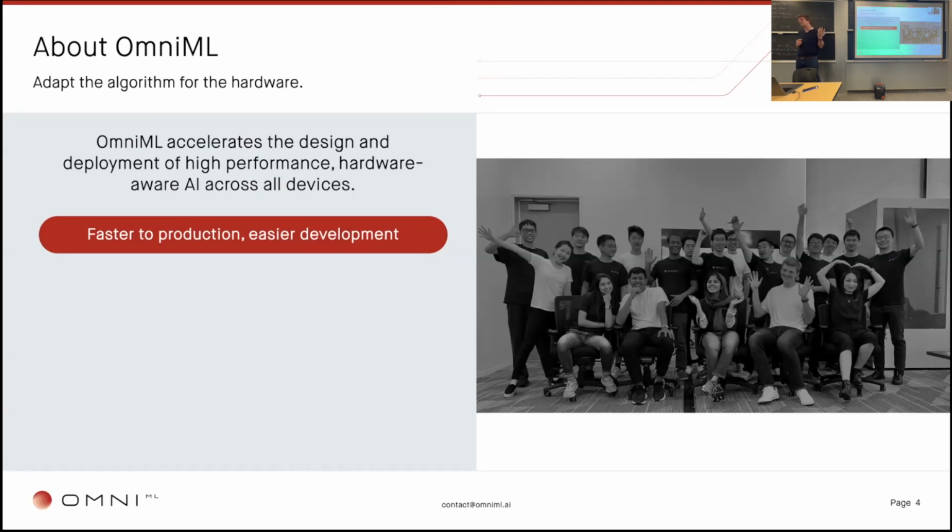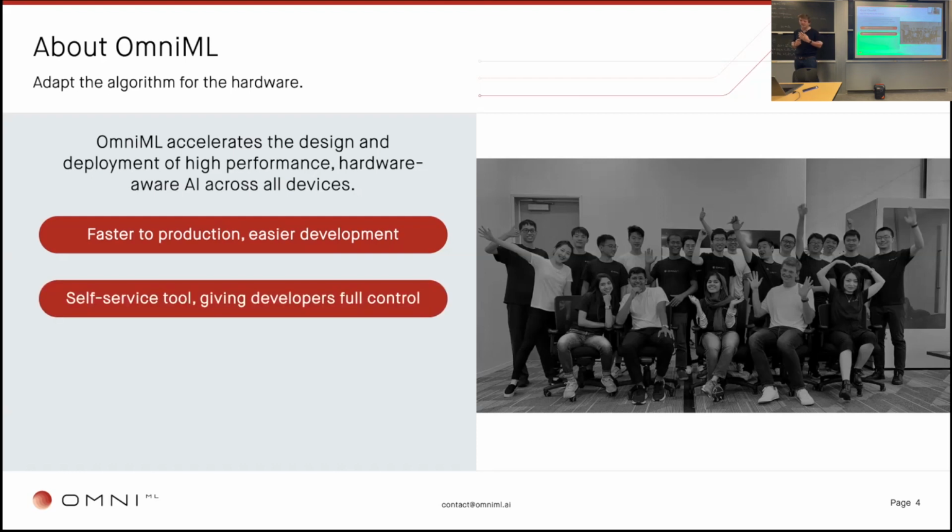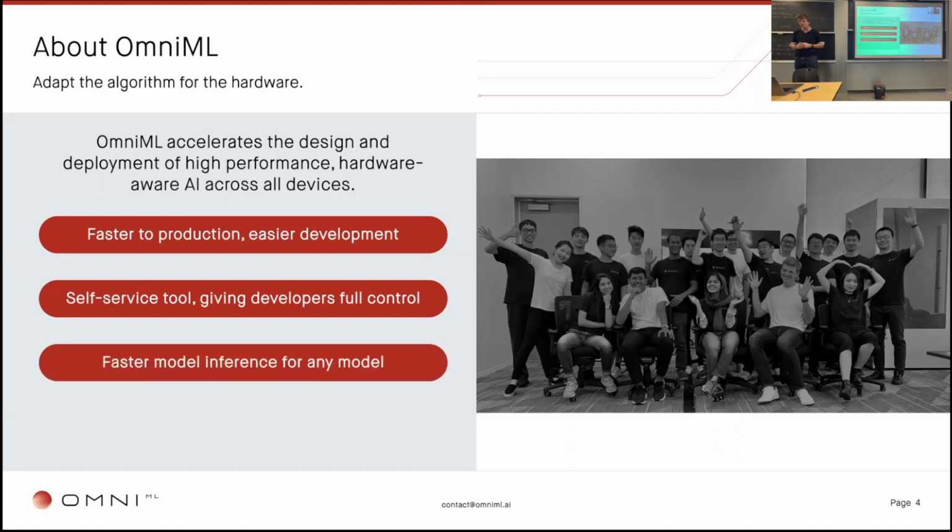We want to make it easier for them to develop AI models. We want to help engineers and machine learning scientists develop these things on their own, right? And basically make all the research experience that we have available to a broader engineering audience.